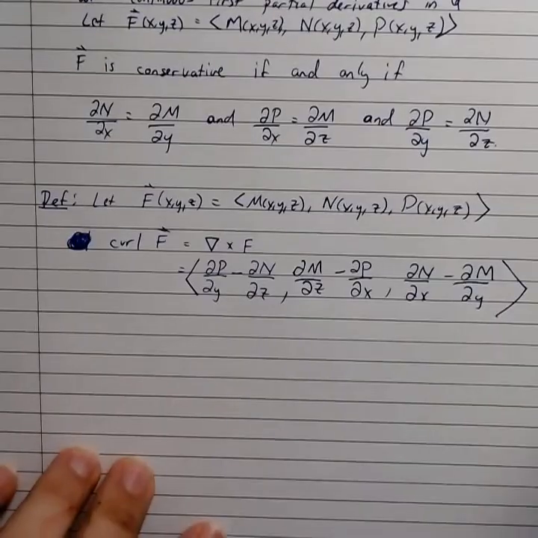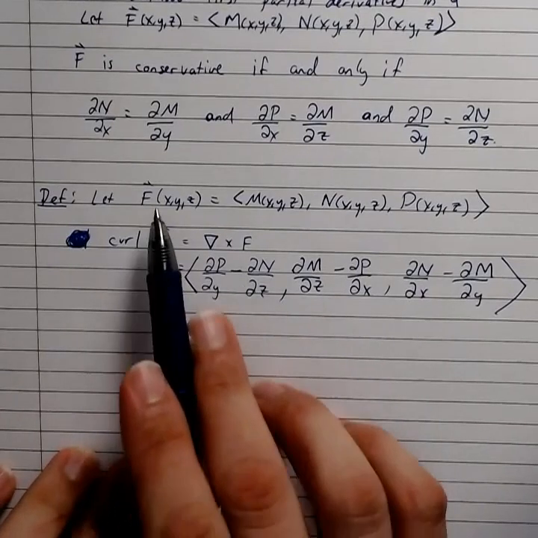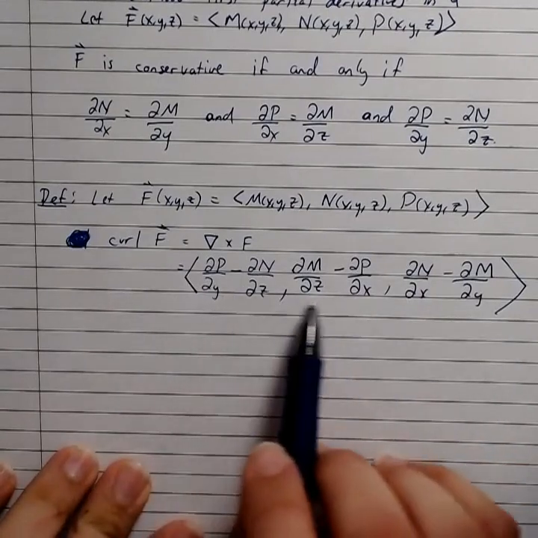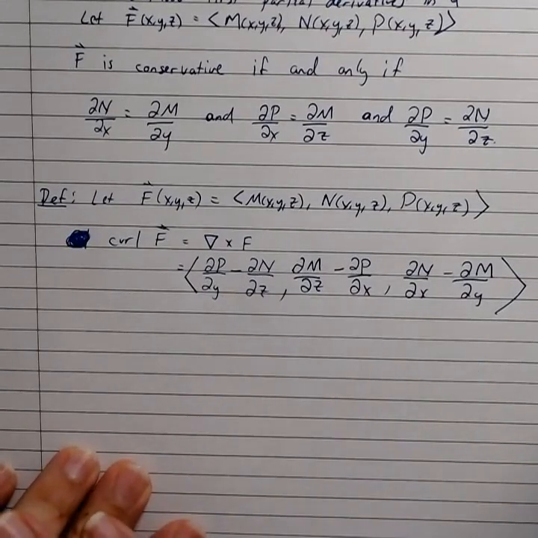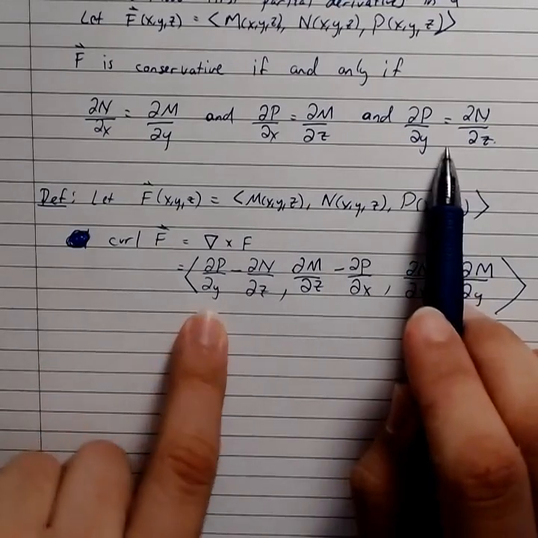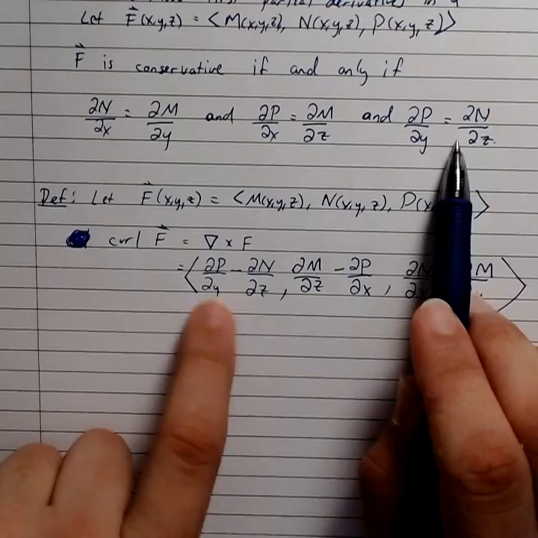All right. So if I take a vector field f, then the curl is some other vector given by these very complicated looking expressions. Now, one thing to note is that those two are these two.